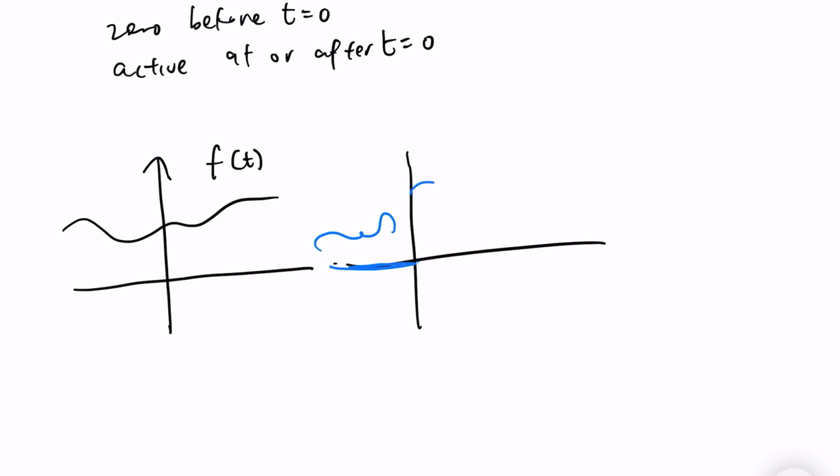We know that this is the causal function ft multiplied by ut. Okay, note that since the limit of the above integral begins at t equal to 0, the behavior of the function ft at t less than 0 is ignored.